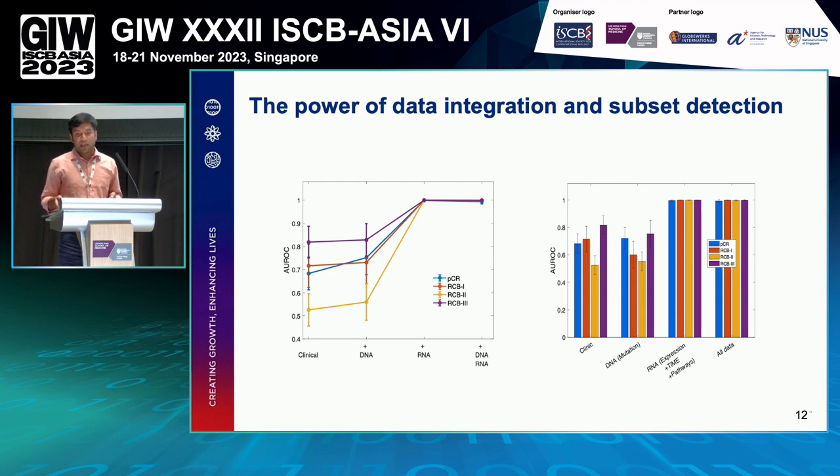The second question: we use different modalities of data, so which modality is more influential and informative? We do the combination analysis in the left figure. We use clinical as our reference model. We add DNA and see that for response prediction the performance improved. But when you compare with the RNA data, we see a big jump.